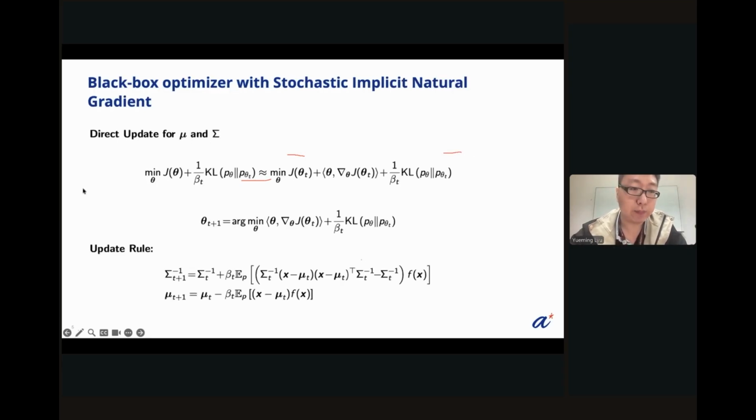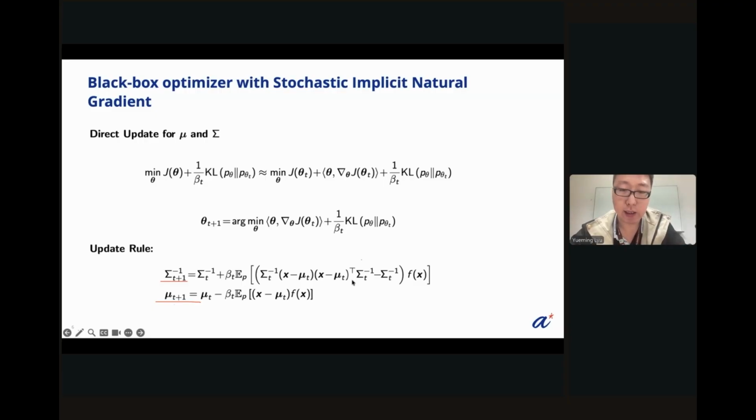When we use a Gaussian distribution as the sampling distribution, this problem can be simplified. We add a KL divergence regularization using the first order Taylor expansion, and we can achieve a closed form update for the covariance matrix term and the mean vector term of the Gaussian distribution.